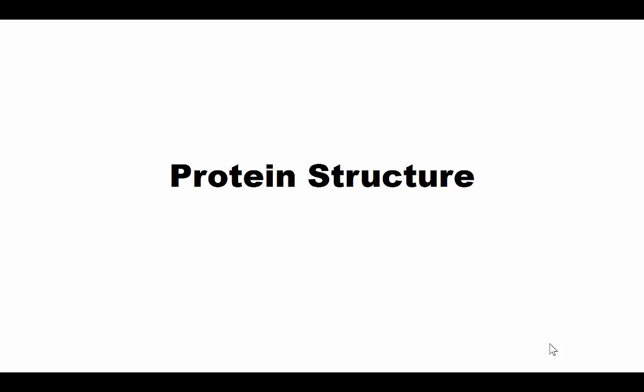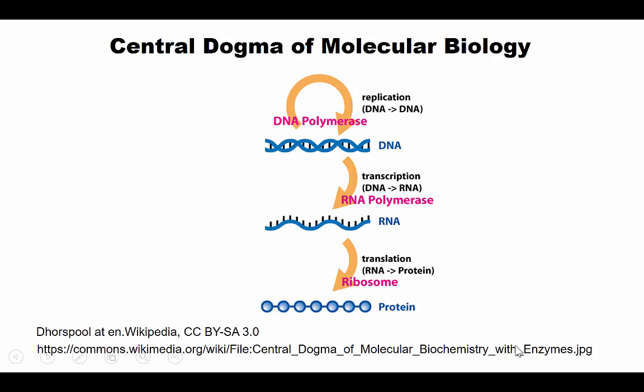Now let's move into protein structure. This is the central dogma of modern molecular biology. We believe that genetic information is stored in DNA, and some part of it is transcribed into RNA, and then eventually that RNA information is translated into protein.